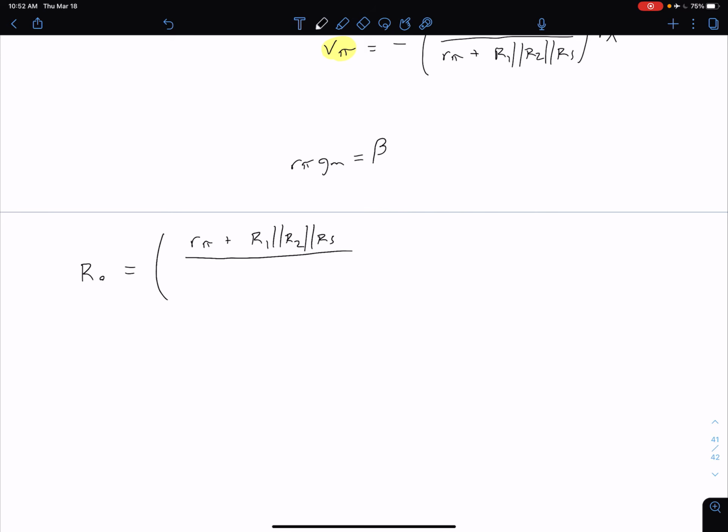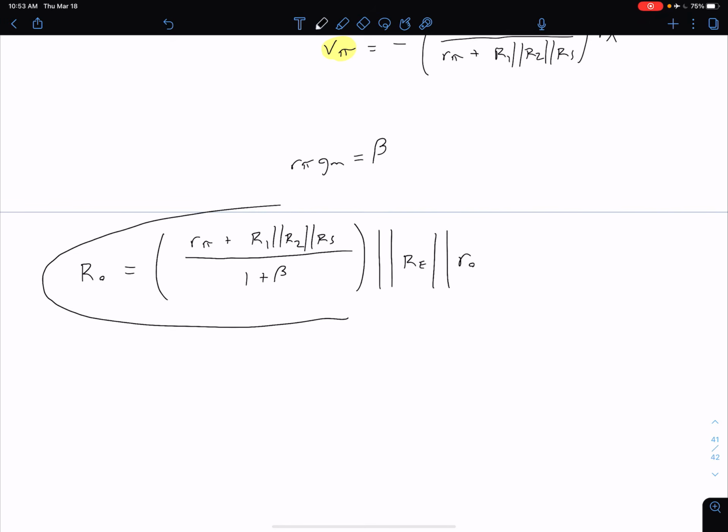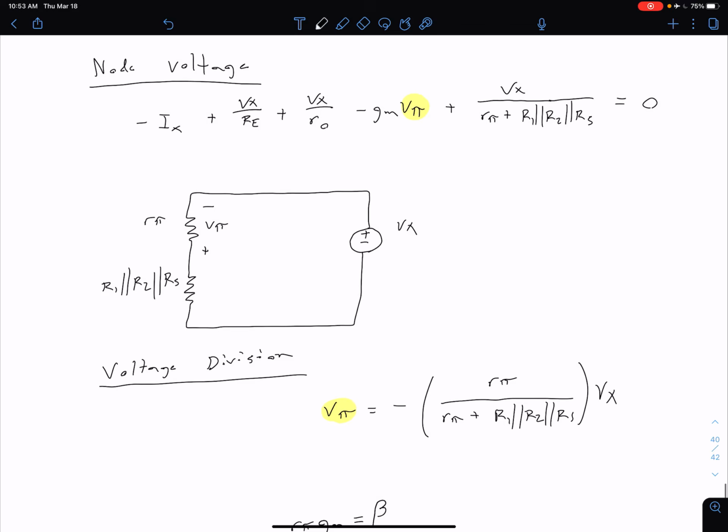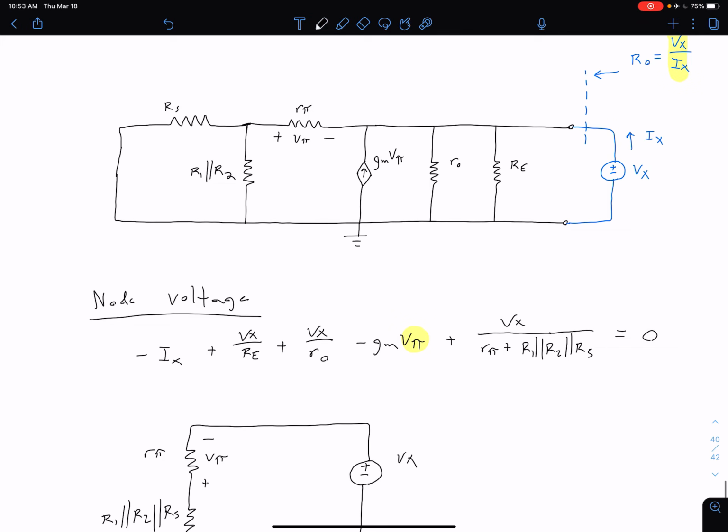We talked about that previously, so with that in mind, we have a 1 plus beta down here, and that whole term in parentheses is going to be some resistance value, which is in parallel with Re, which is in parallel with R naught. So that's going to be the expression for our output resistance.